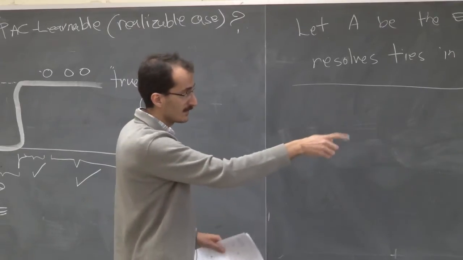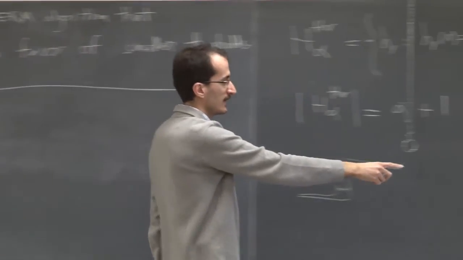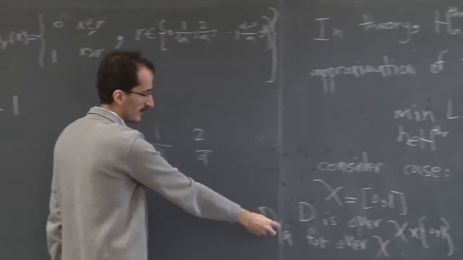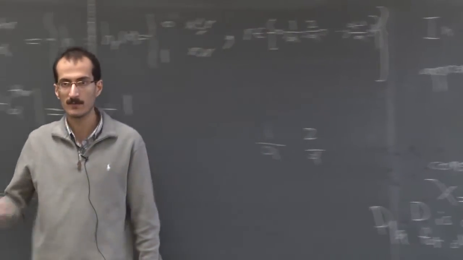Yeah, so I define that notation for distribution over the domain, not the domain cross label. So I will use it here.